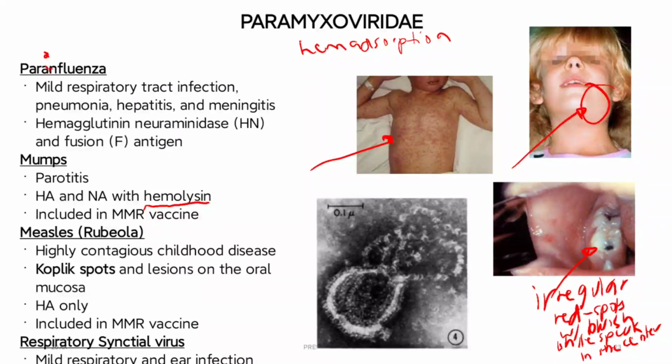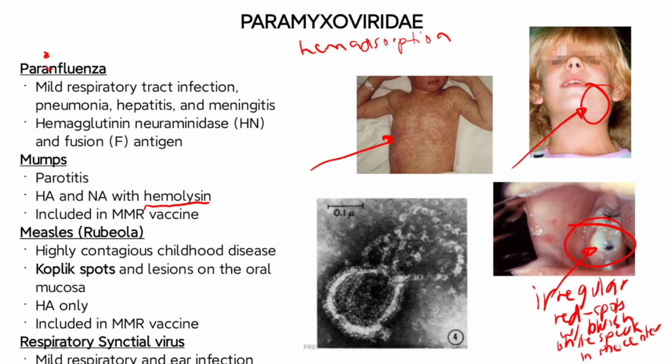Pag sinabing Koplik spots, those are the irregular red spots with bluish white speck in the center. Ito yan. Irregular red spots with a bluish white speck in the center. Okay? So, kanino yan? Kay measles or rubeola. So, Koplik spots and lesions on the oral mucosa.